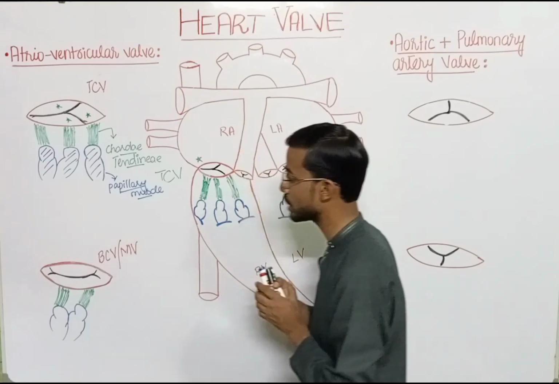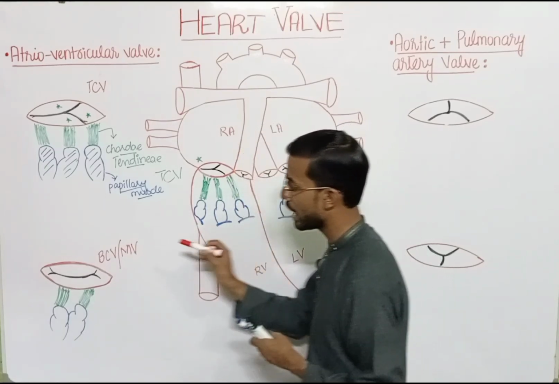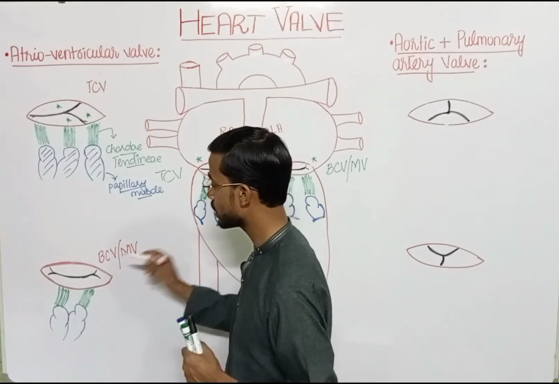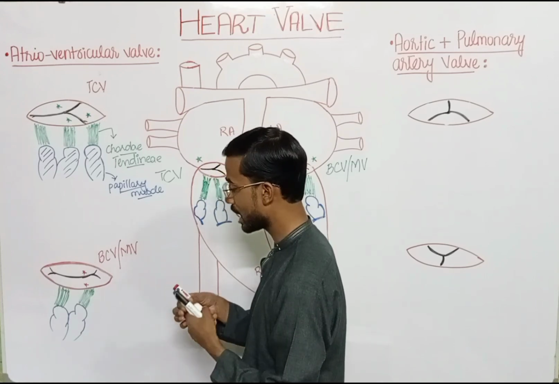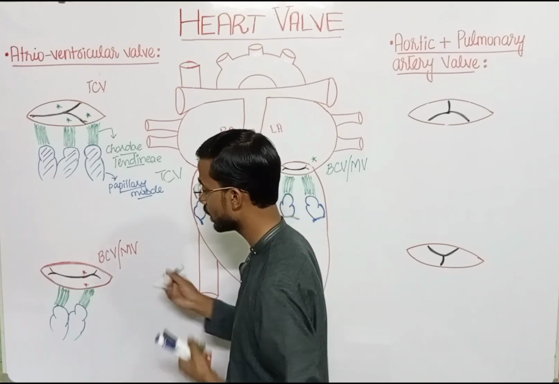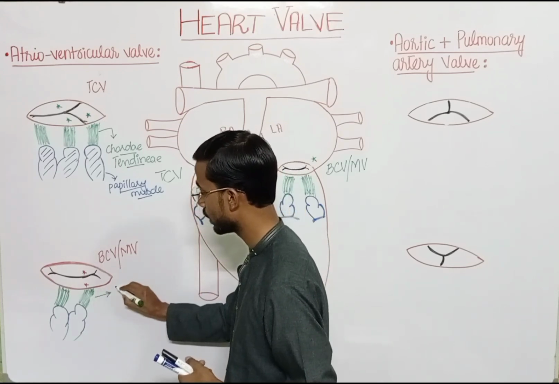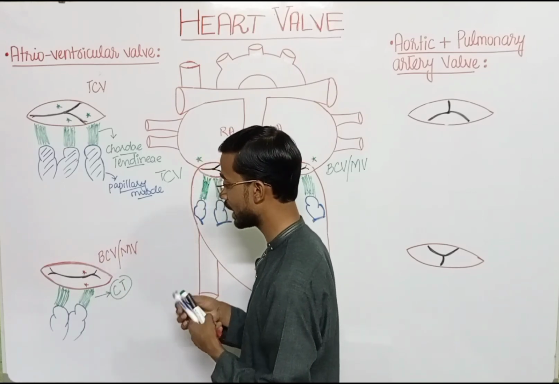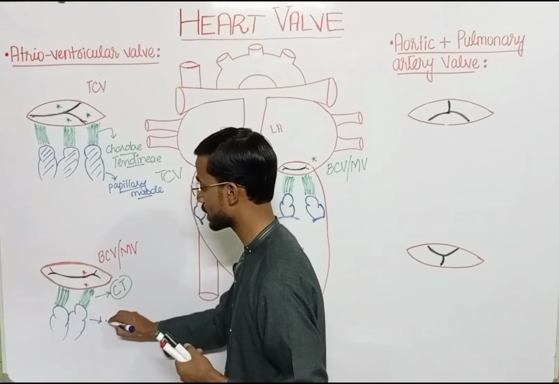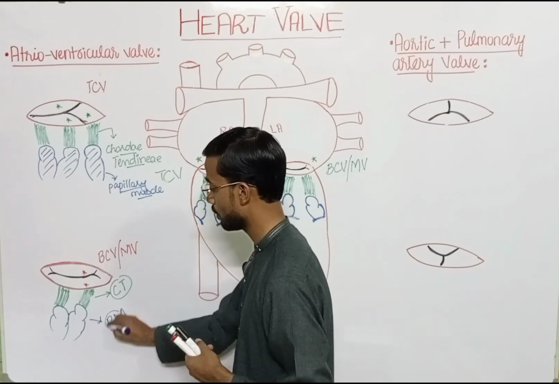And if you see here at the bicuspid valve, you see the two cusps or leaflets, and these are attached with the chordae tendineae. Here is the chordae tendineae, and the chordae tendineae are further attached with the papillary muscle. Here are the papillary muscles.